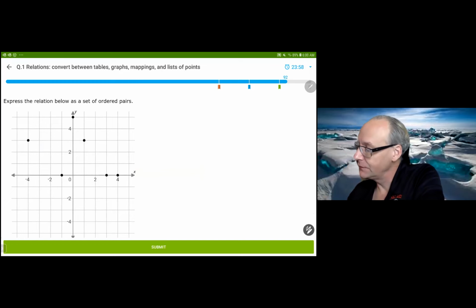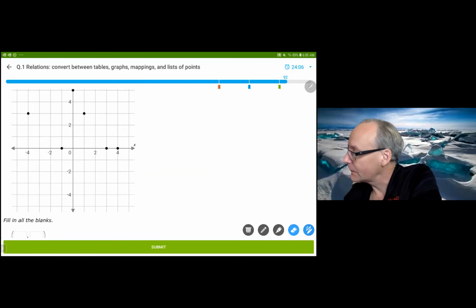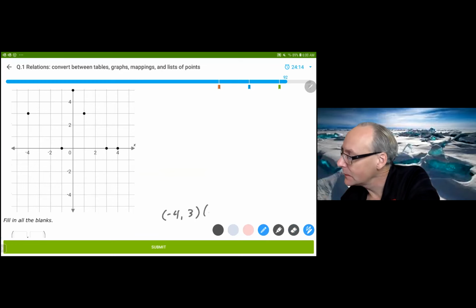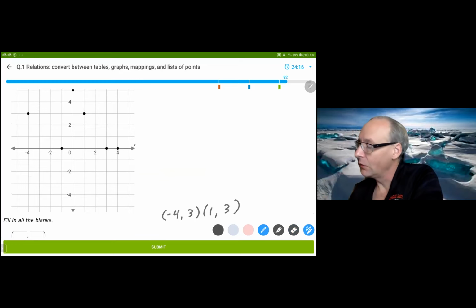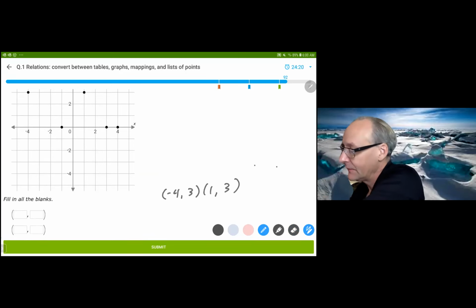Okay, we're supposed to write the set of ordered pairs. All right, looks like I'm going to write them down here. Okay, we've got negative 4, 3. We've got 1, 3. Oh, be careful. These are so easy to make a mistake on. And by the way, it's okay.